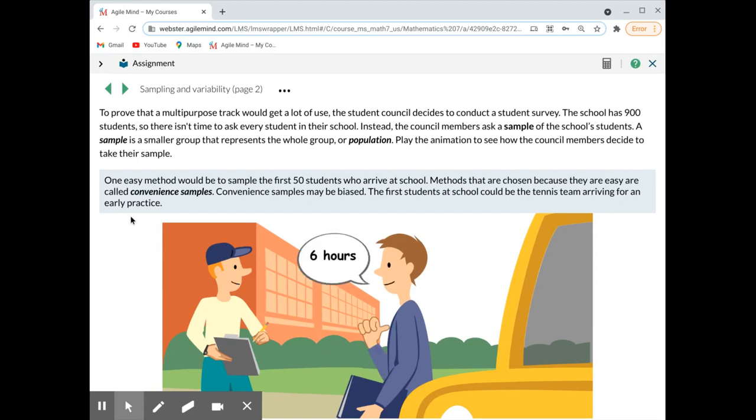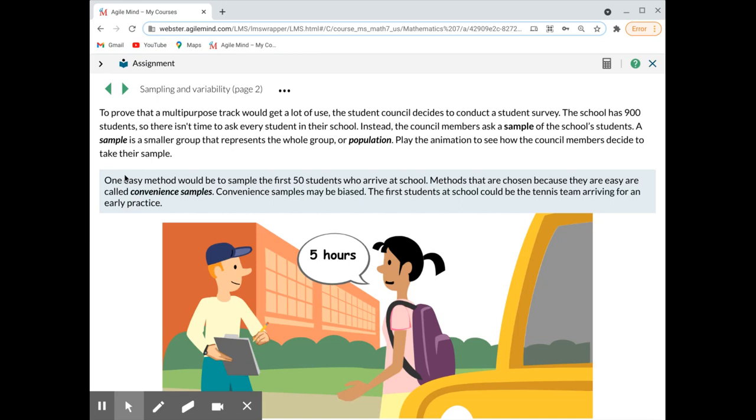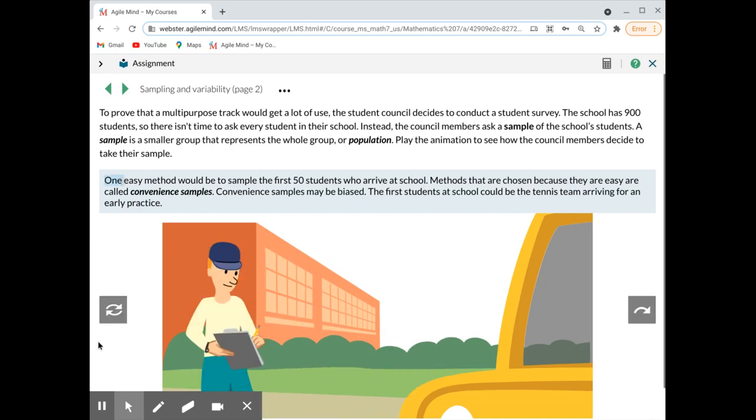So read this for us, please, Jemiah. Lainey, can you help her out? Can you read that for us, please, ma'am? The one in the blue. Yes, ma'am.